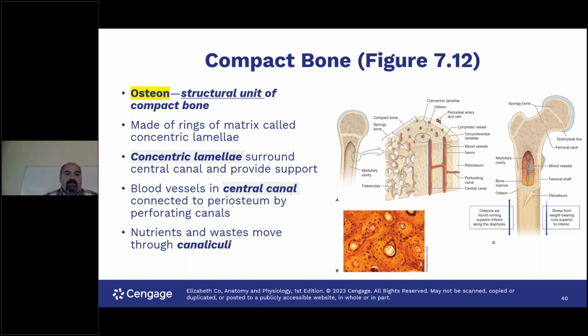So an osteon made of rings of matrix called concentric lamellae, right? Now, again, the central canal, see how there's blood vessels in that central canal, right? See how there's also, in the horizontal plane, canals, right? Those are called perforating canals. And they connect the vessels of the central canal to adjacent osteons.